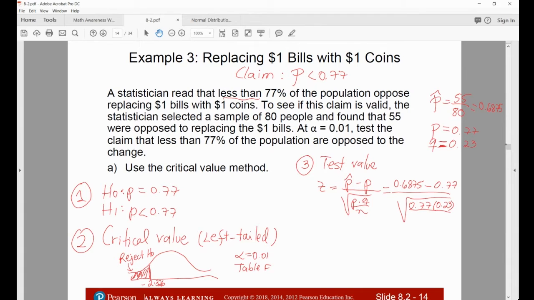And then divided by the sample size. What's the sample size? 80. So use your calculator. What's the value of Z that you obtain?